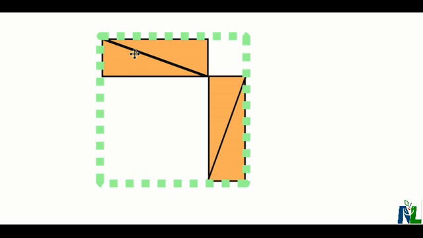And what we see is that I have 2 new squares. I can see here I have the 2 smaller sides, so I can say that would be A squared, and I have the 2 longer legs here, and I can call that B squared.